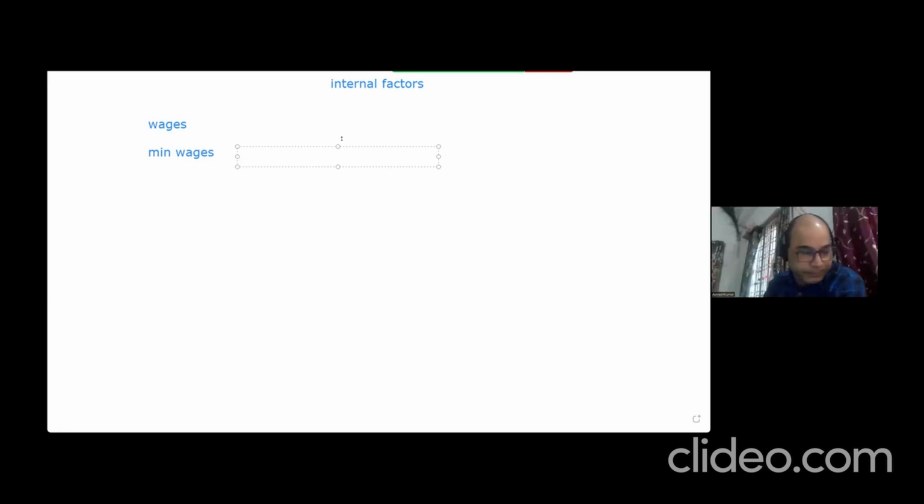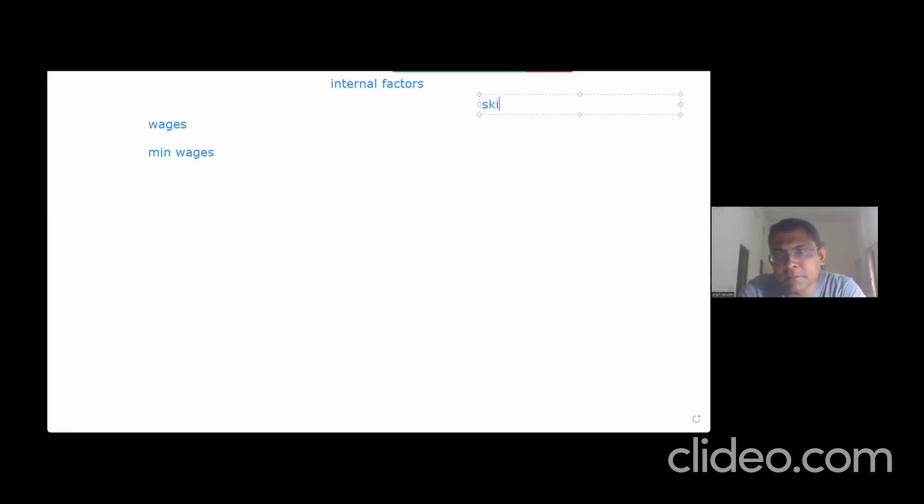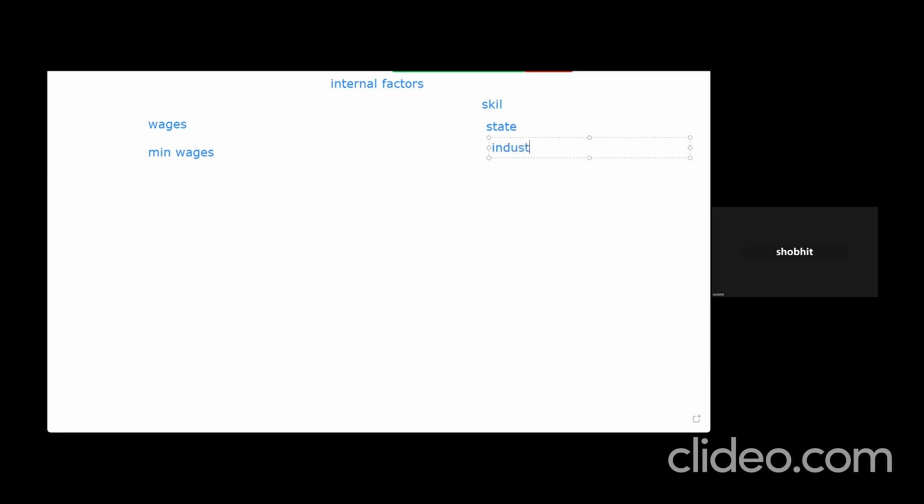So when we are talking about the Payment of Minimum Wages Act, what does it depend on? There are certain criteria: skill, whether skilled, semi-skilled or unskilled; location, or you can say state; industry; and the nature or role of the job.